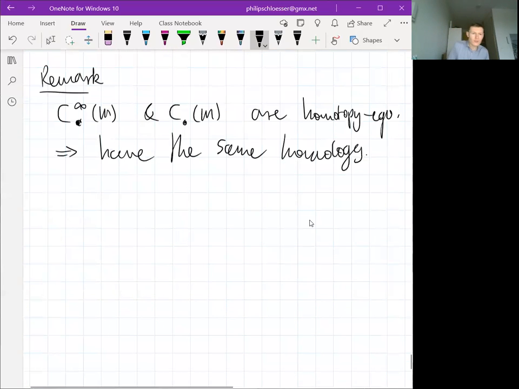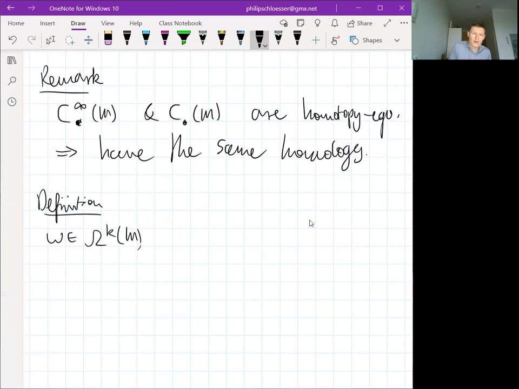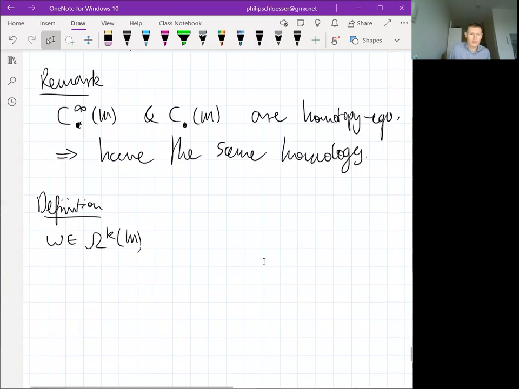And now we want to integrate a K form over a K chain. Definition. And how do we do that? Well, let omega be a K form and sigma be a smooth K-simplex.